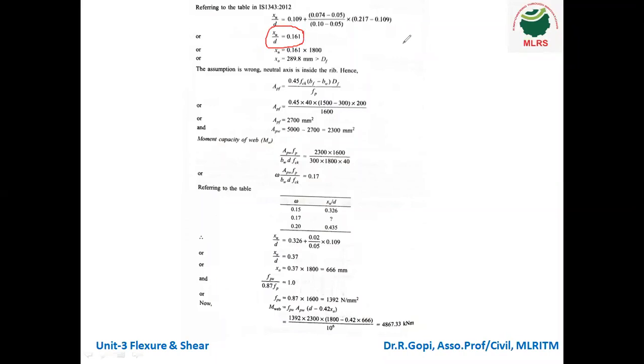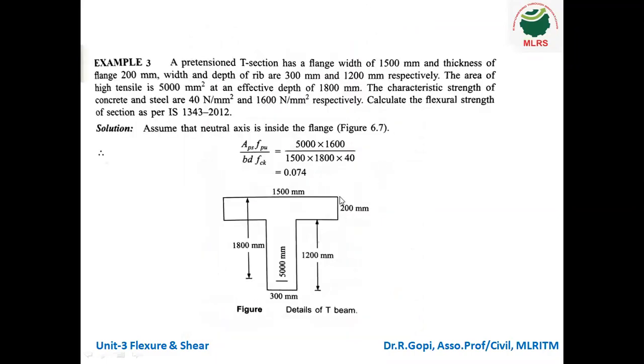Same step as the previous problem. We need only XU, so you multiply 0.167 into 1800. Now check the XU value, the neutral axis depth. It is 289.8 mm. Now tell me, what is the flange thickness? Only 200 mm.